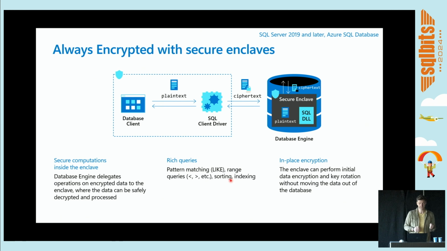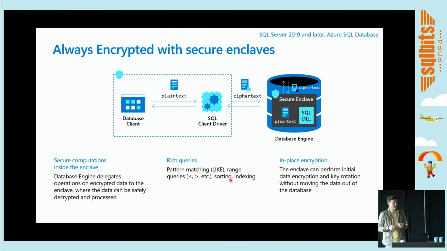On top of that, you can also use what we call in-place encryption. Let's assume that you want to do an initial encryption on a column. In the first version, we had to extract all the data outside of the database to the application, do the encryption there, and then push it back in. That was slow and not really secure because we need to extract all the data.